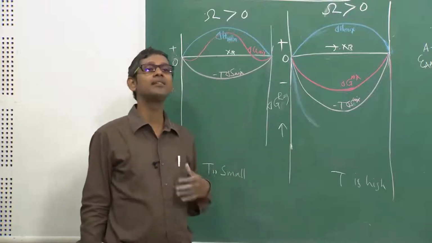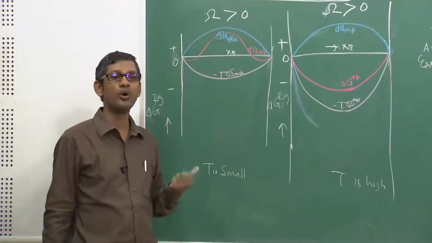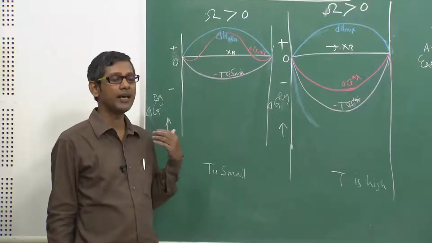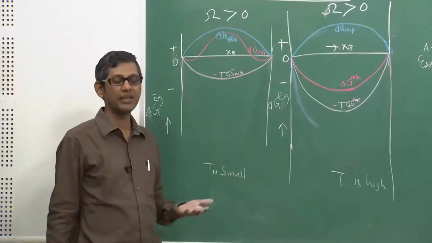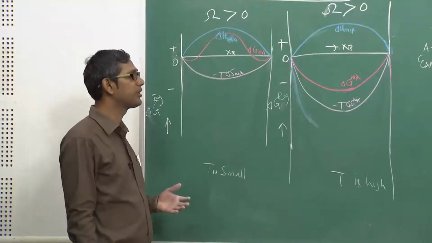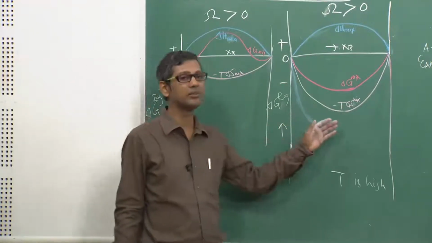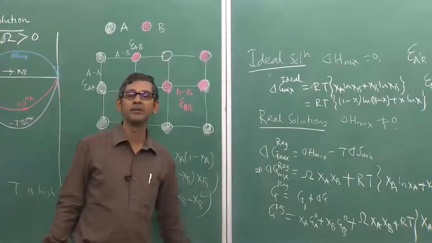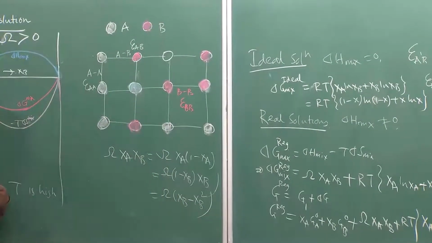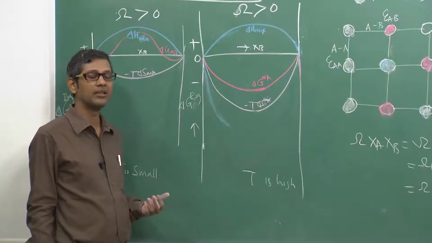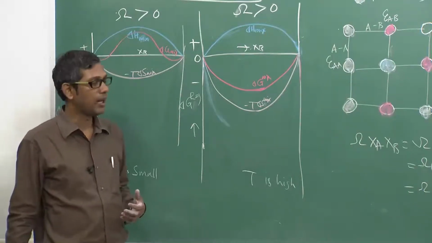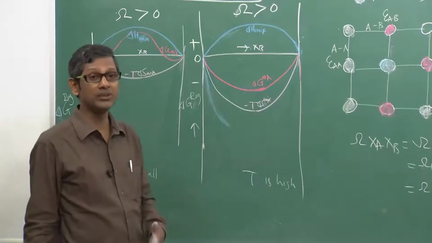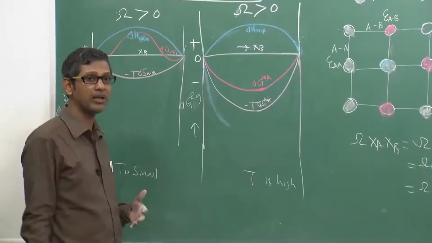So alloying, in a nutshell, is more easily possible in systems like metals or ceramics, because alloying will reduce the free energy of the system, and by reducing the free energy we can easily form solutions. And this has changed civilization, because without alloys we would not have seen the application of materials like steels, aluminum alloys, titanium alloys, copper alloys.